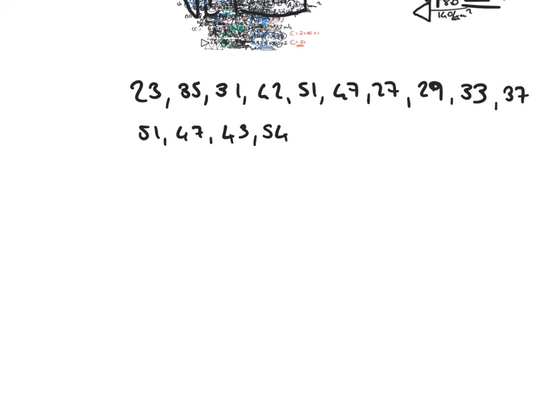Okay, so these are scores in a game. So the first column is score, second column is tally, and the third column is frequency.